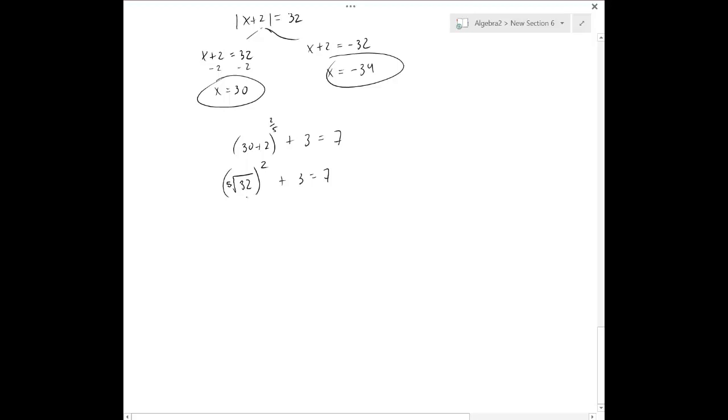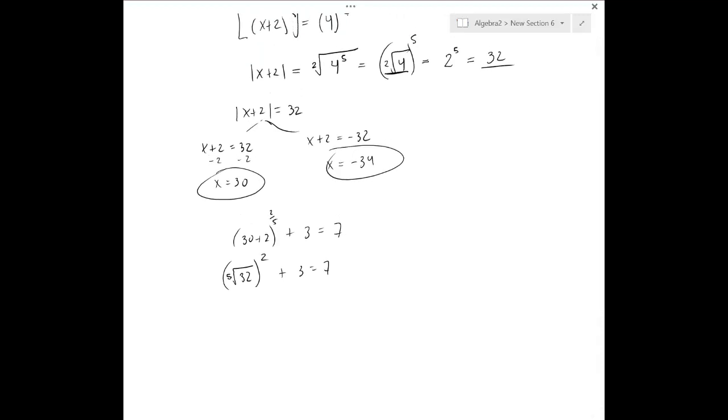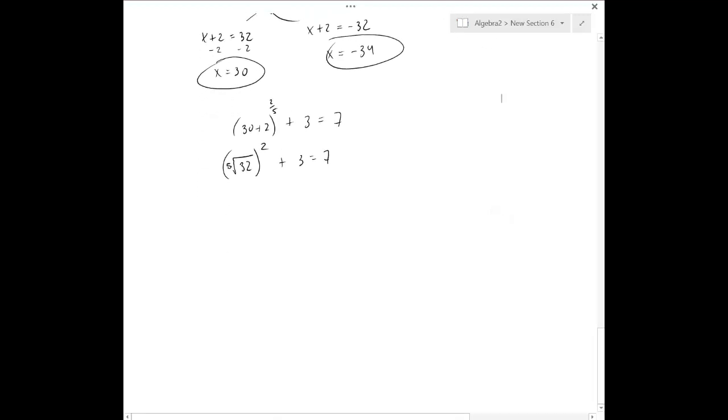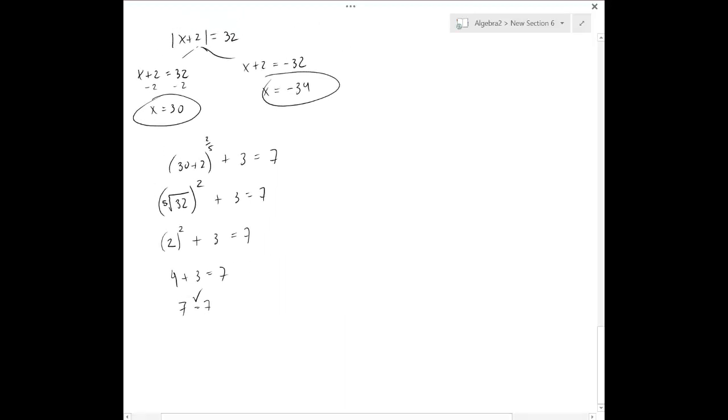The 5th root of 32, which we computed, because 2 to the 5 is 32, therefore the 5th root of 32 is 2. So 2 squared plus 3 equals 7. 4 plus 3 equals 7. 7 is equal to 7 last time I checked, so that's good news for us.